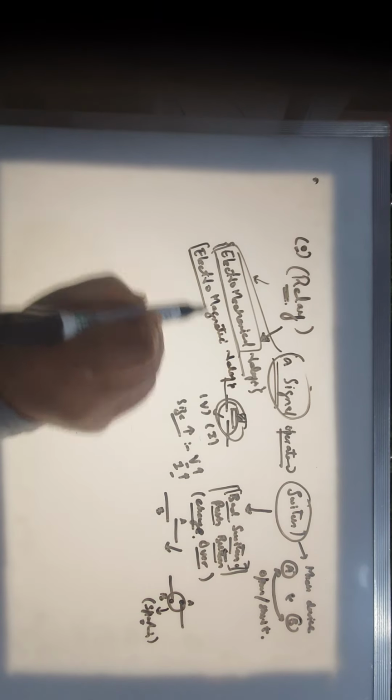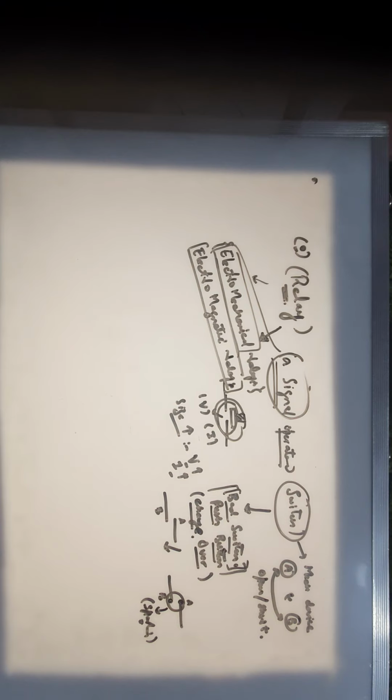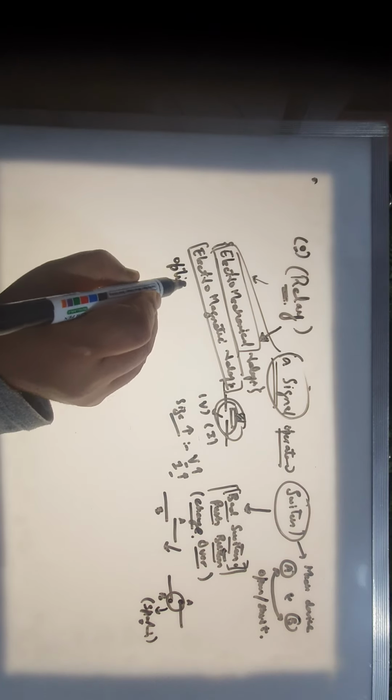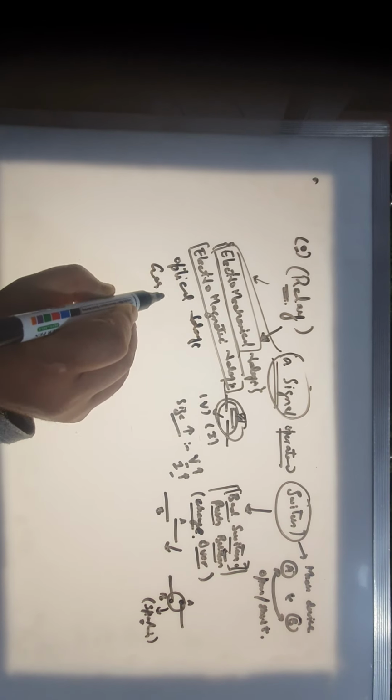What do you mean by electromagnetic relays? A special type of relays which will get the switch on or off. What will get the switch on and off? An electromagnet that is operated by a signal. So the electromagnetic relays. We also have optical relays. We have gas operated relays.